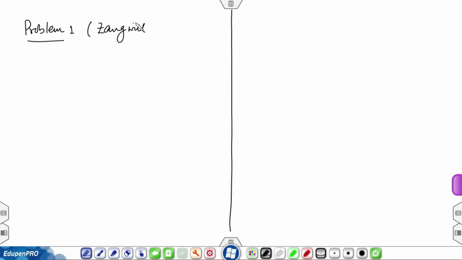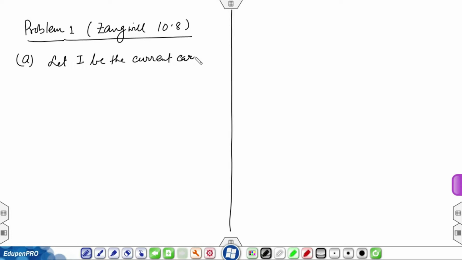and this is problem number 10.8. There are 3 parts to it. Part A says, let I be the current carried by a wire, and I will put it as a thin wire from my side, bent into a planar loop.